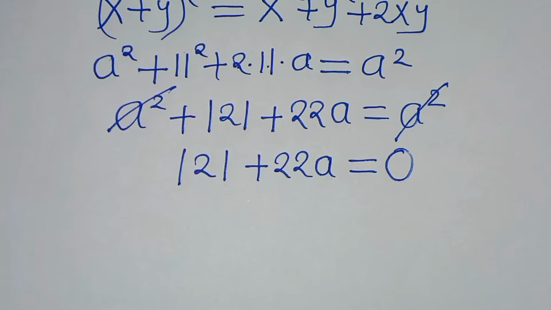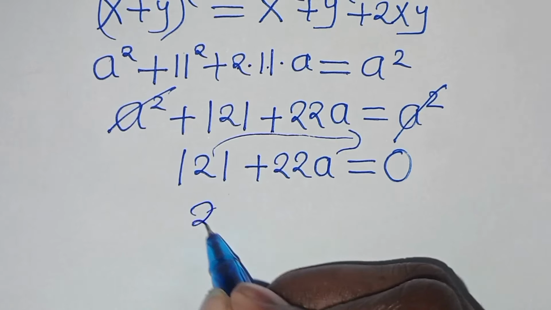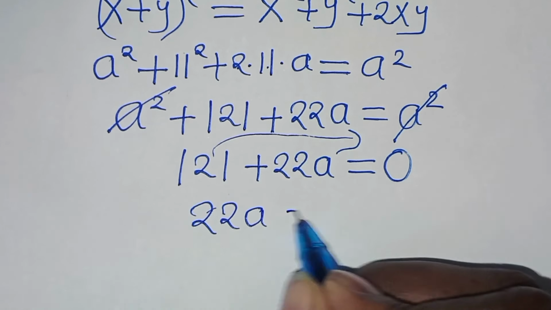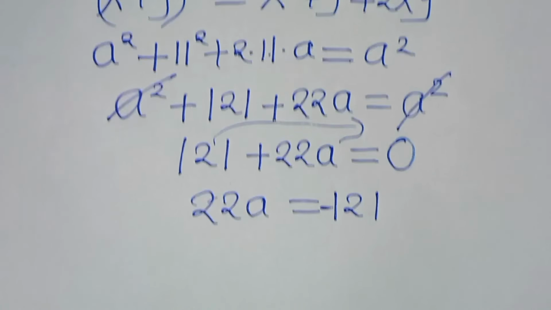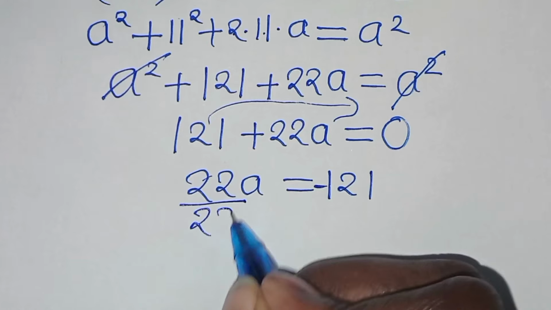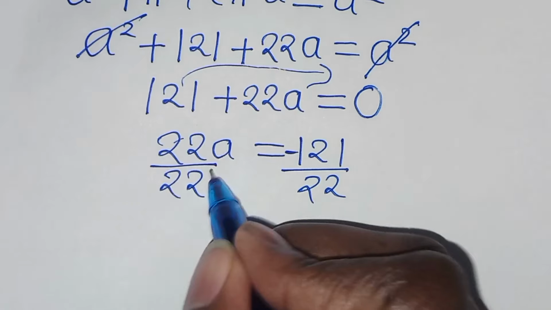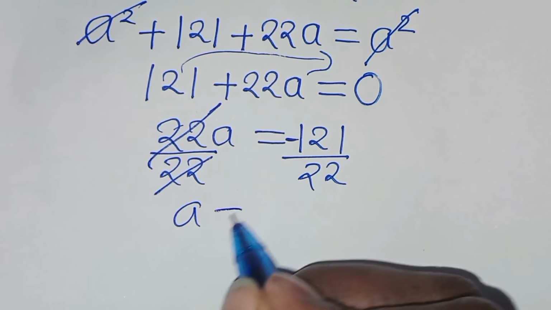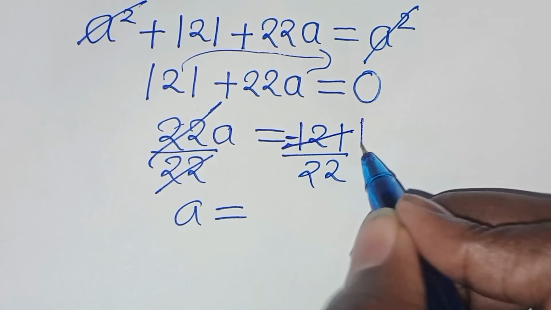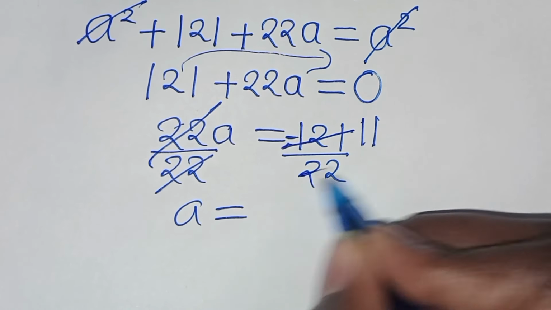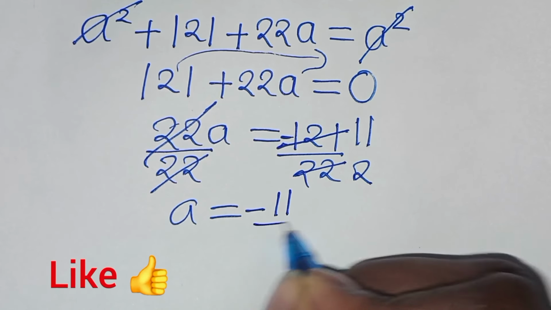Let's take 121 to the right hand side, so that we have 22a equal to minus 121. Let's divide both sides by 22. Now let's simplify: 121 divided by 11 is 11, then 22 divided by 11 is 2. So we have a is equal to minus 11 over 2.